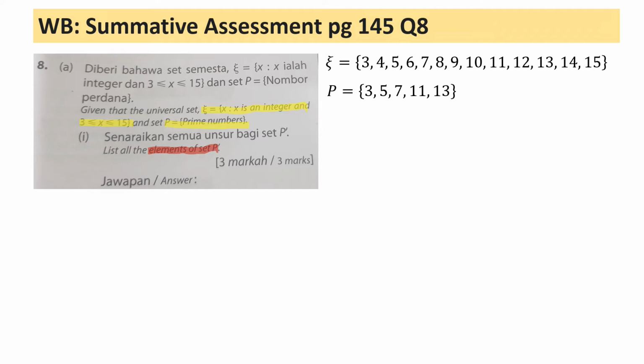So in order to find P prime, you'll need to cut the numbers in set P from the universal set. So now you'll just need to cut off the set P's numbers from the universal set here.